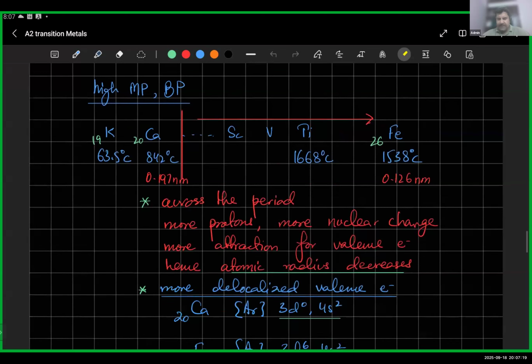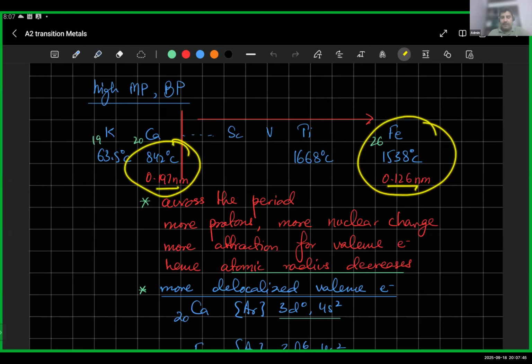As we briefly discussed, why do they have high melting and boiling points? When you move across the period, you have more protons, so there's more nuclear charge and more attraction for valence electrons. So the atomic radius decreases. Iron over here has a much smaller atomic radius, while calcium over there is almost twice as big.